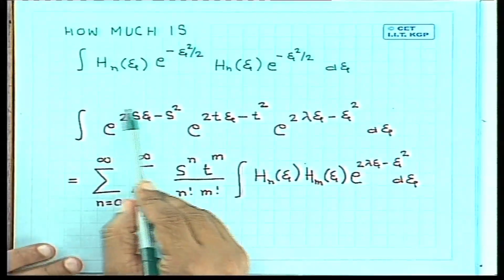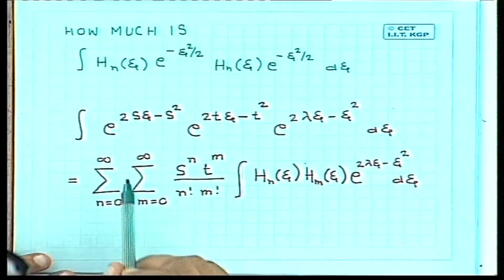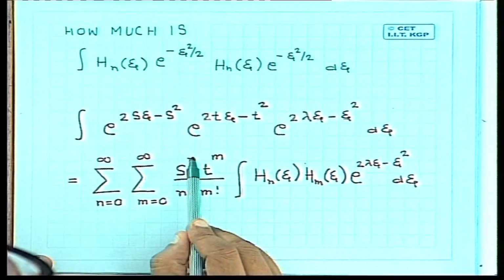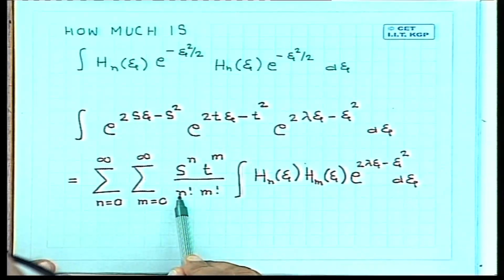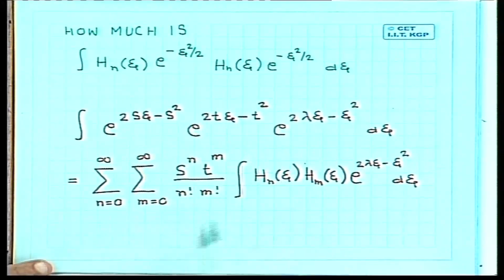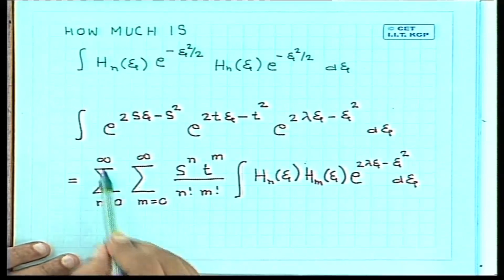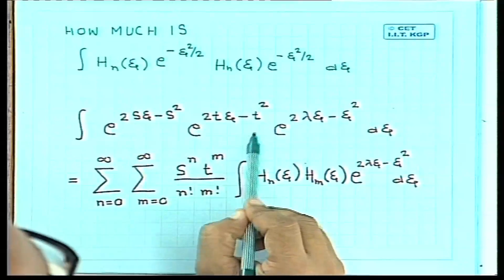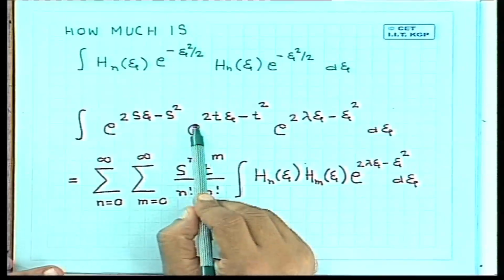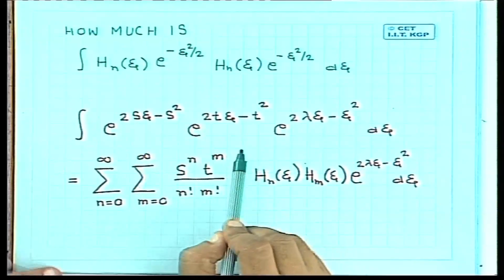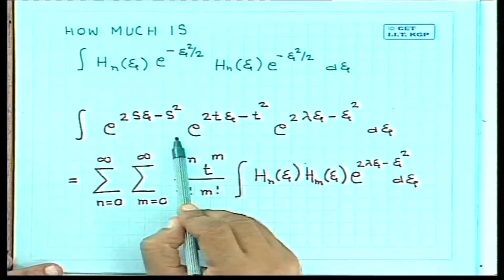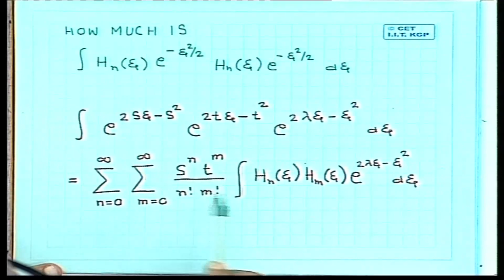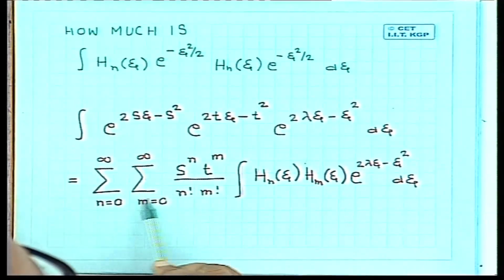If I expand the first term in powers of s, I will get s to the power n by n factorial Hn of xi, summed over all n from 0 to infinity. The second term again is the generating function of a Hermite polynomial. If I expand this, what I get is t to the power m by m factorial Hm of xi, m going from 0 to infinity.